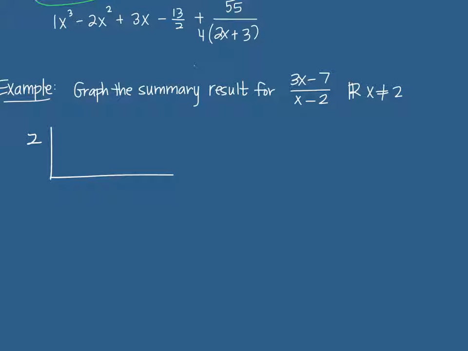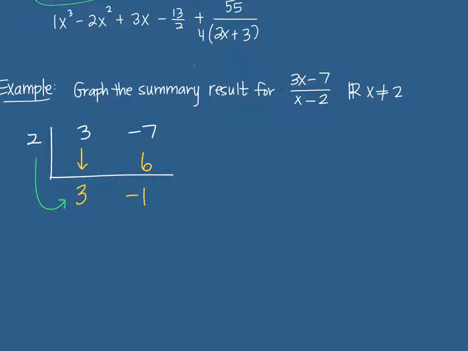The domain tells us that we got to use 2. And all we're going to do is a 3 and a negative 7. So this is going to go pretty quickly. We're going to drop the 3, multiply to get 6, combine to get negative 1, and we're going to write our summary statement. So what do you think I start with if my division problem started with just an x to begin with?